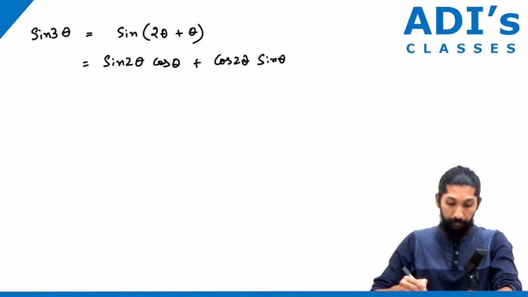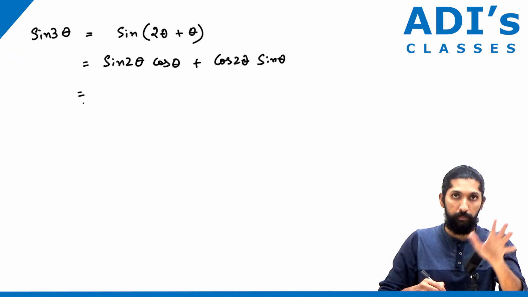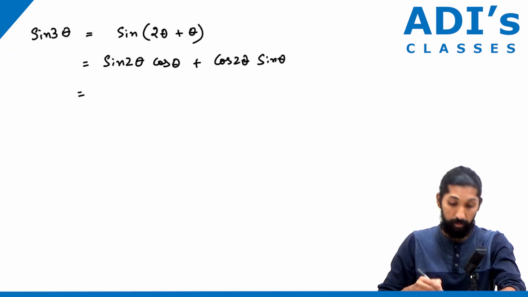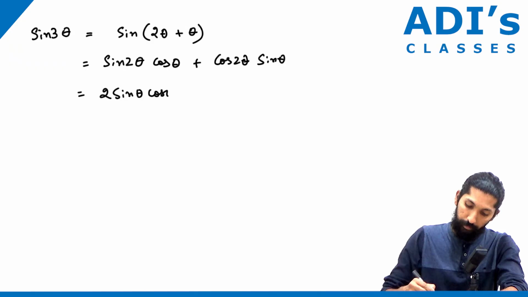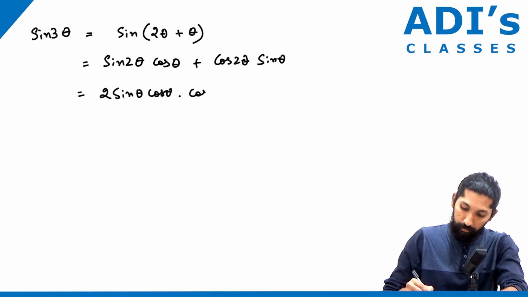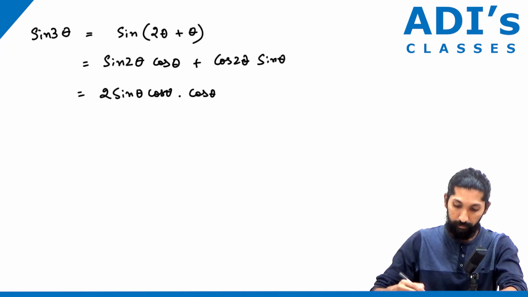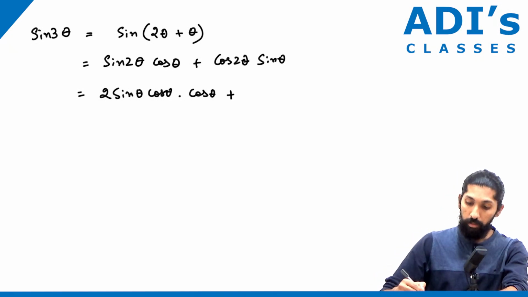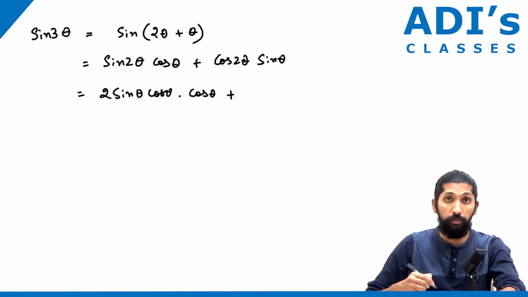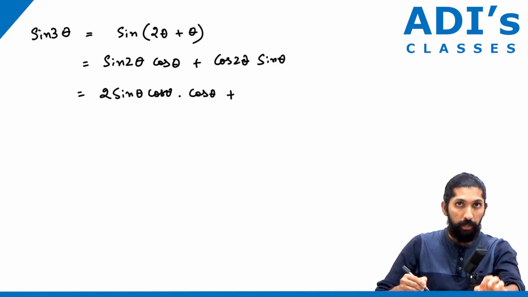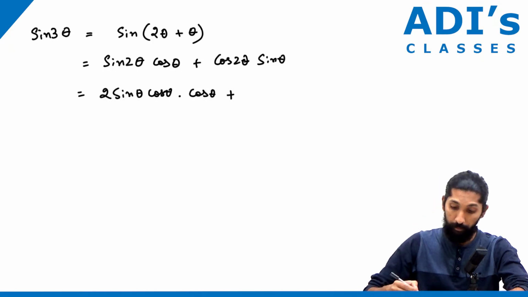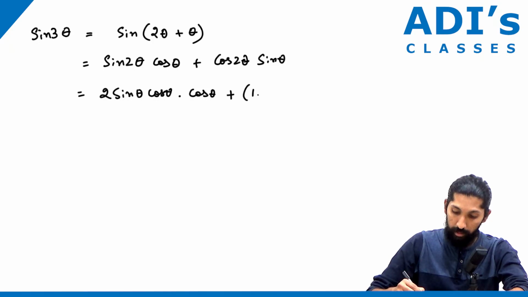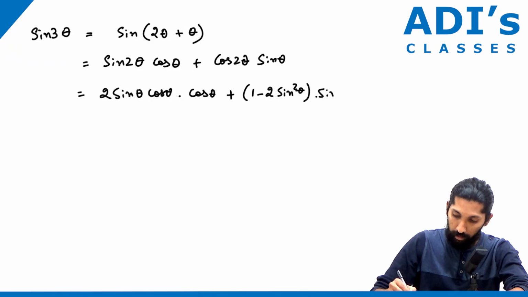Second, what is sine 2 theta? Just expand. 2 sine theta cos theta. So you get 2 sine theta cos theta into cos theta. The into cos theta is for the second part. Now here, cos 2 theta, there are 4 variants of cos 2 theta. Now we'll choose the variant which has just a sine, because we are looking at sine 3 theta, right? So we are going to have 1 minus 2 sine square theta into sine theta.